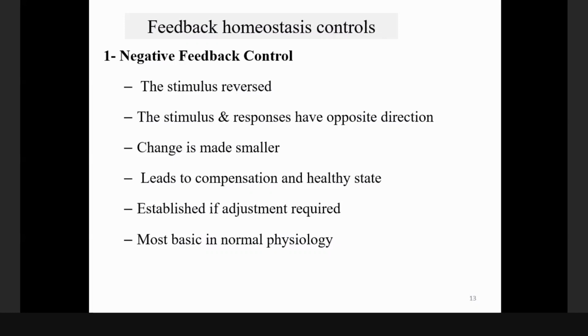So in the case of the negative feedback control system, the change is made smaller, because the stimulus that brings a change and the response made in our body have opposite directions. This negative feedback homeostasis control system compensates for the loss. That means when there is a change, that change is returned back to normal.